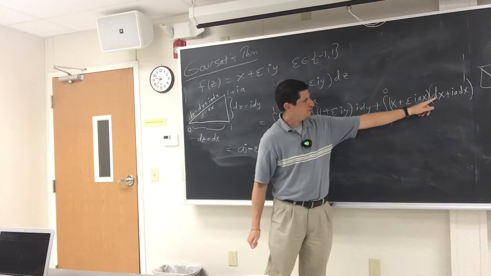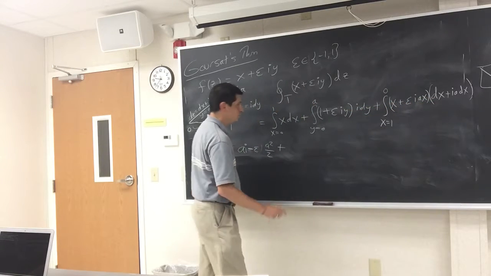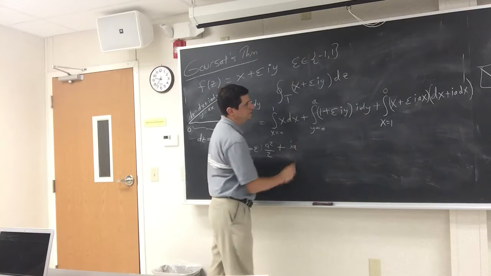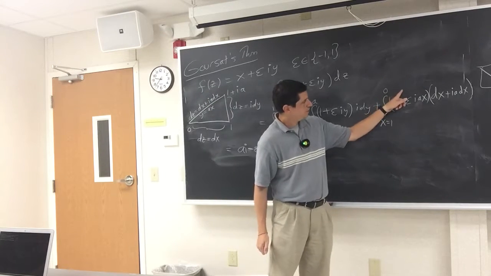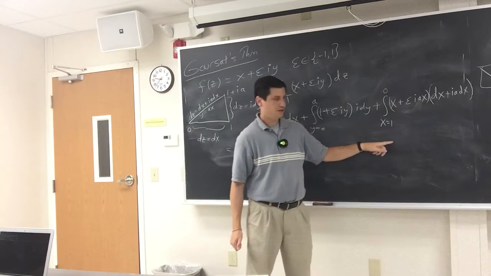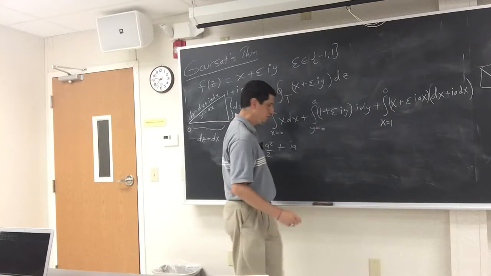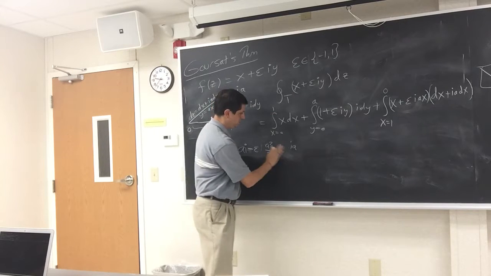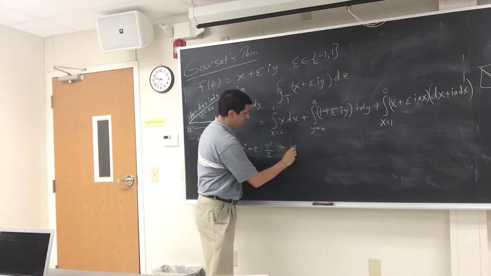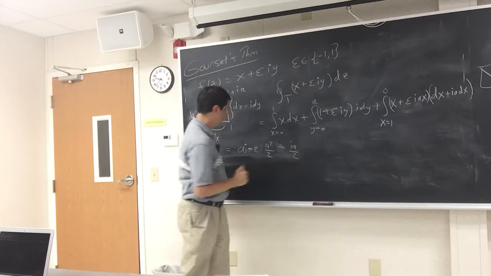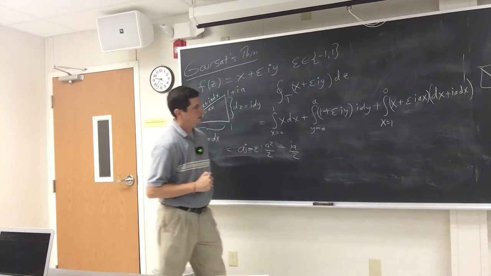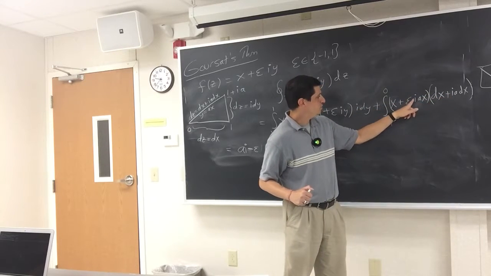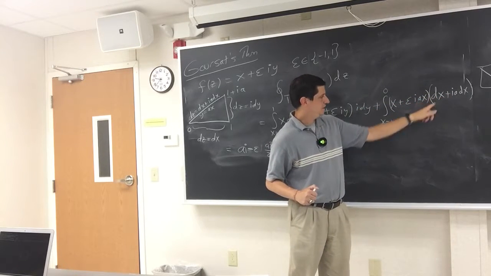Now we have the x times i a dx. So we'll have plus a i a, and then we have x squared over 2, evaluated at 0 and 1. So it'll be minus a half. All right, so that's the x hitting those two pieces. Now we have the epsilon i a x dx piece.